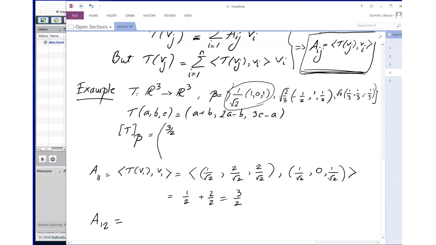Position 1, 2, according to that formula, is the inner product between T of V2 and V1, right?